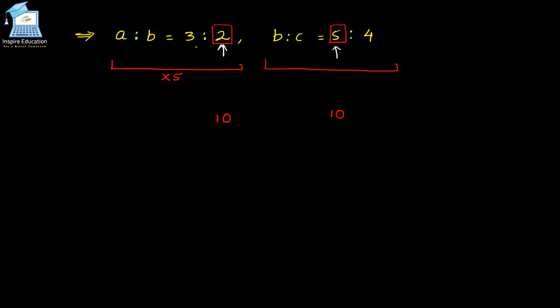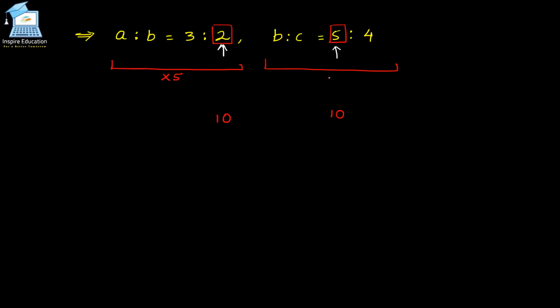So why will this 3 also get multiplied by 5? Because if I only multiply this 2, the comparison will get disturbed. So to keep the comparison undisturbed, we need to multiply the whole ratio with this number 5.